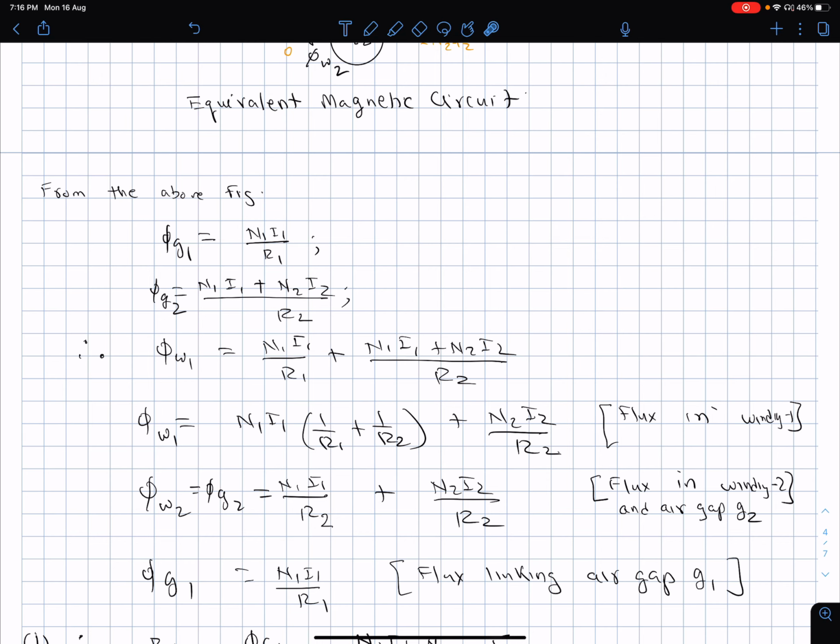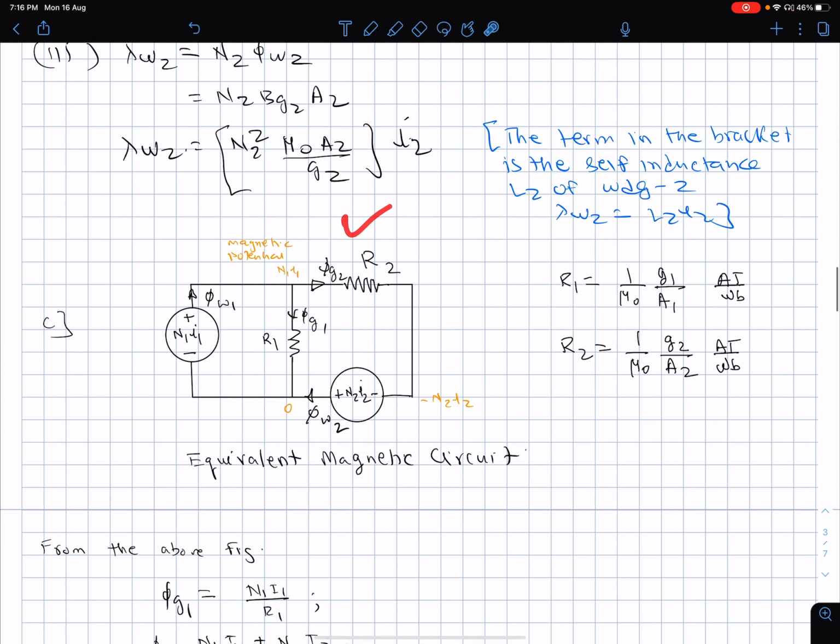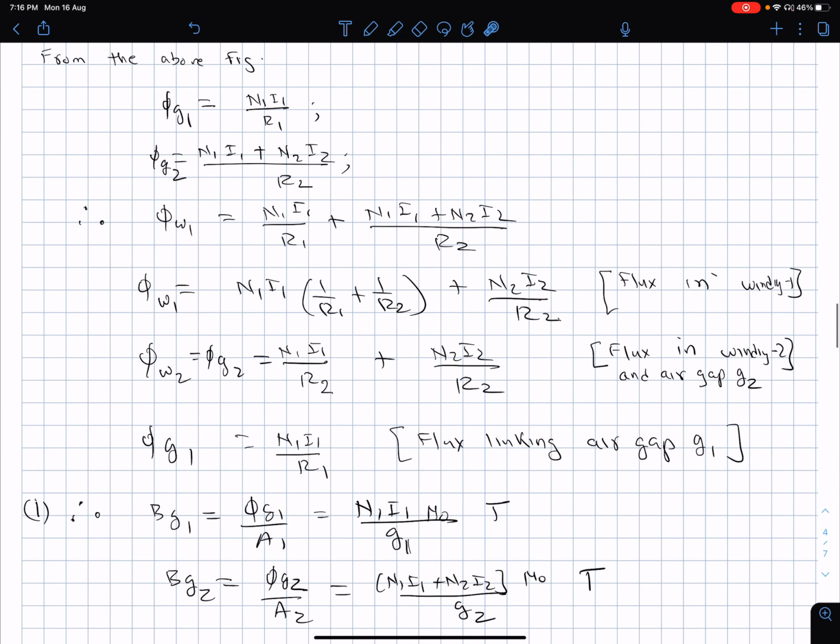And what is flux connecting winding 1? Phi G2 plus phi G1. So add both of them together and you get the flux in the winding 1. When you add it here, N1I1 can be taken as common, then 1 by R1 plus 1 by R2.